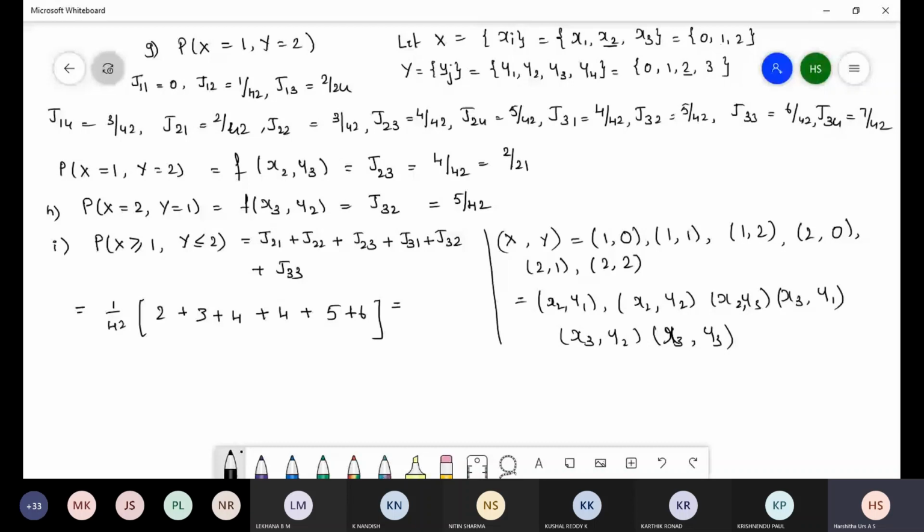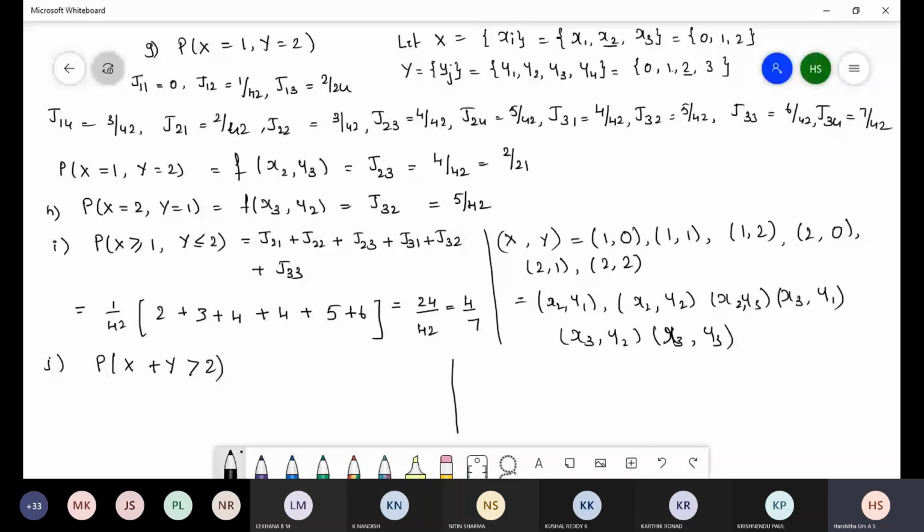Last one, condition is P of x plus y greater than 2. When you add x plus y, it should be greater than 2. Here we have written the numbers, we can start from here. 0 plus 0, again 0 plus 1, 0 plus 2, 0 plus 3. So the first possibility is 0, comma 3, it is greater than 2.